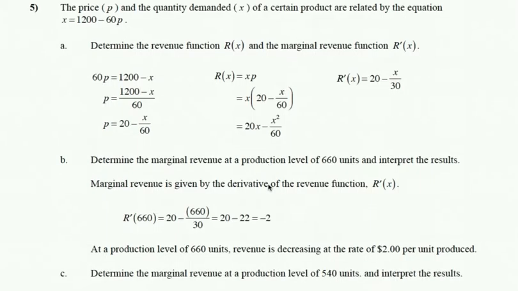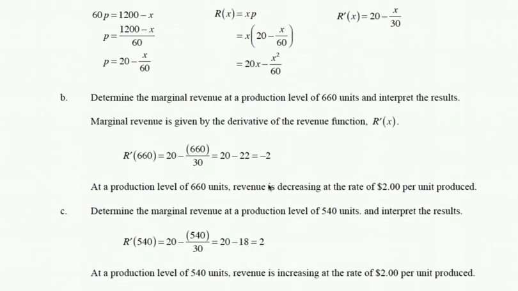Now for part B, we're asked to determine the marginal revenue at a production level of 660 units, so that becomes a quantity. The quantity is 660, and then we interpret the results.